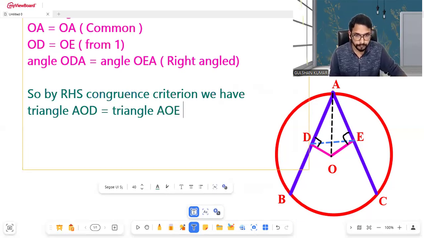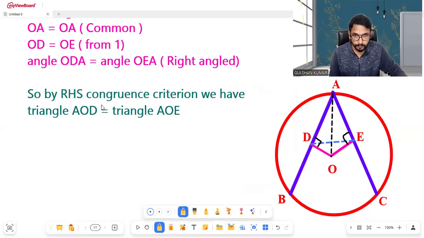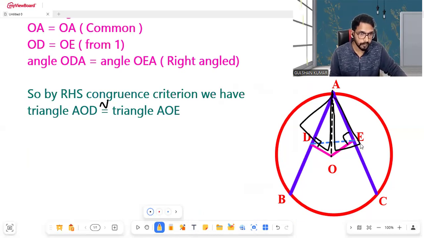Both triangles are congruent, this triangle and this triangle.